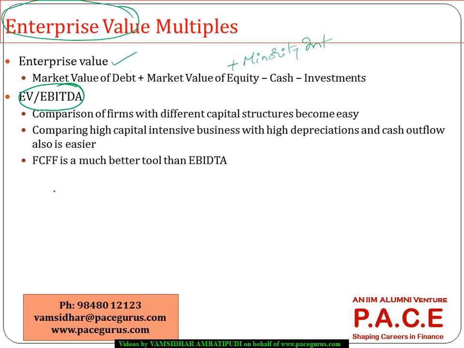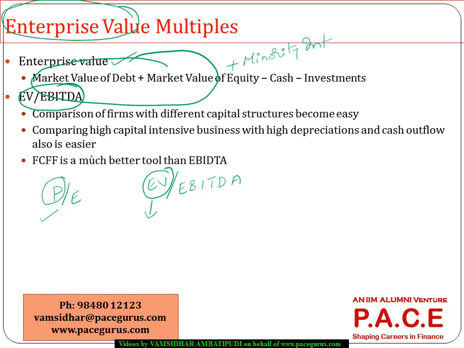So I would like to look at it as an extension to the price to earnings ratio. Look at this. Price is nothing but the market price of equity, but this is the market price of equity as well as debt.